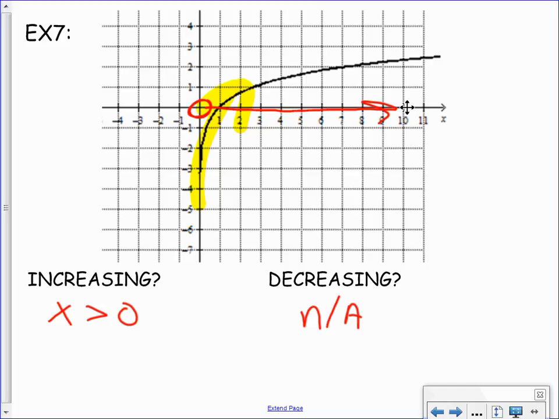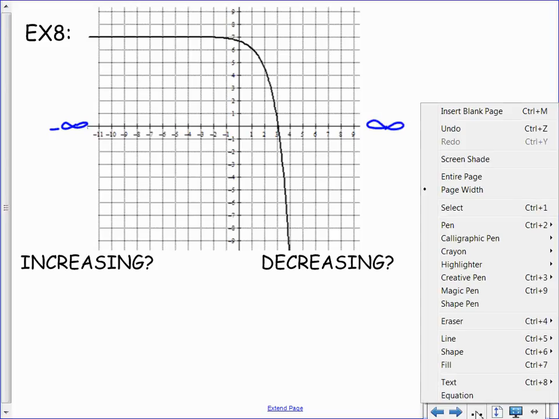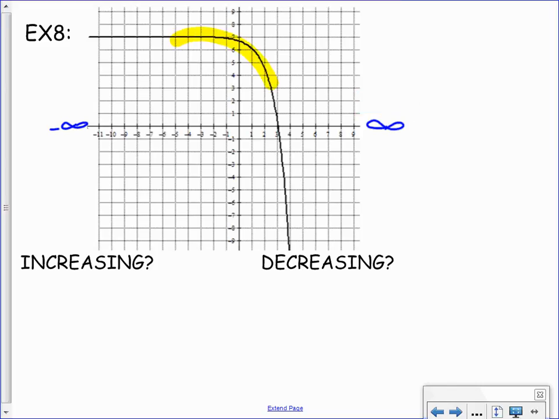What family? Exponential. Horizontal tail. Still infinity, infinity. As it goes, we're still always increasing.